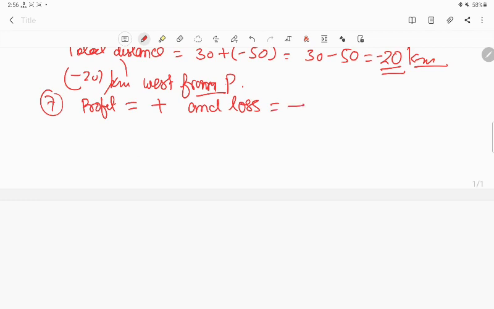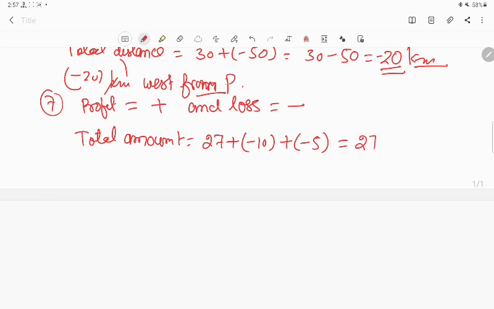So the total amount is 27 plus, loss on Tuesday minus 10, plus loss on Wednesday minus 5.